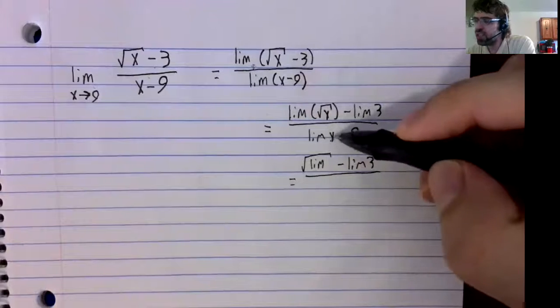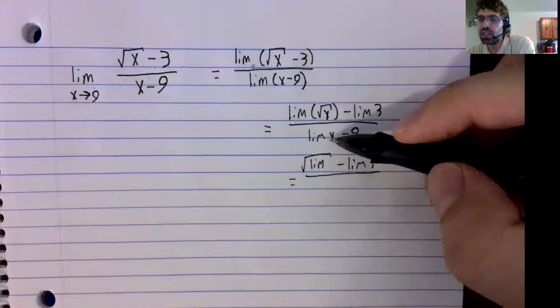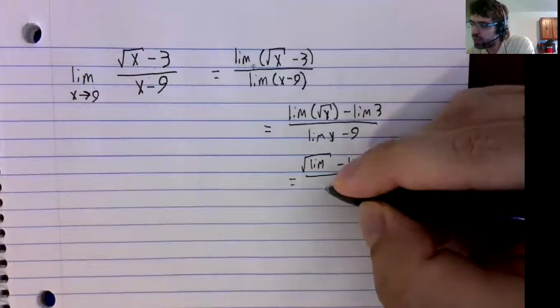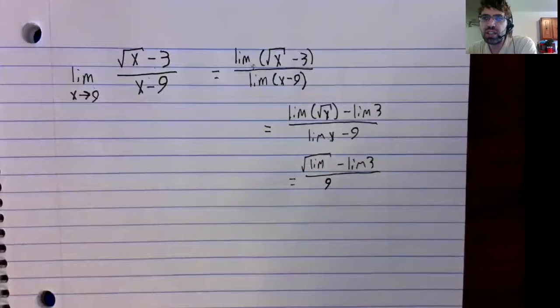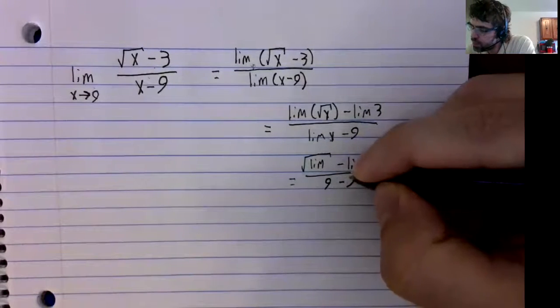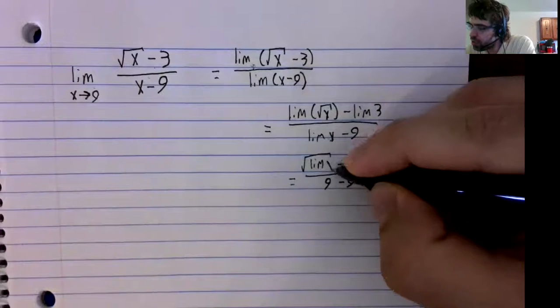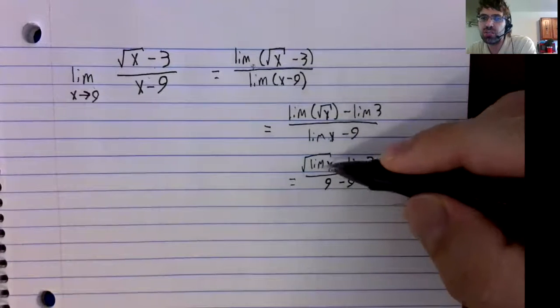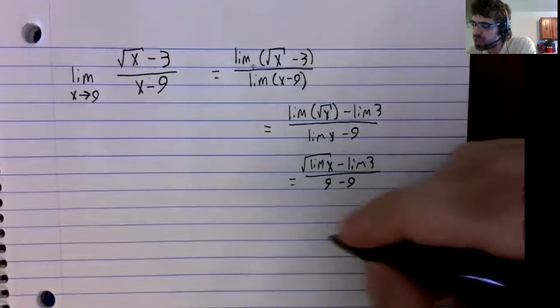The limit of the identity function, the limit as x approaches 9 of this. The limit of the identity function is just the limit c. Here we have the limit of x. Once again, this is just x evaluated at c.